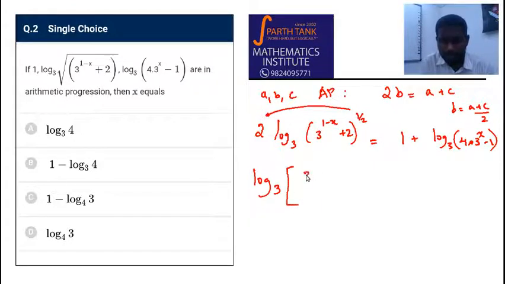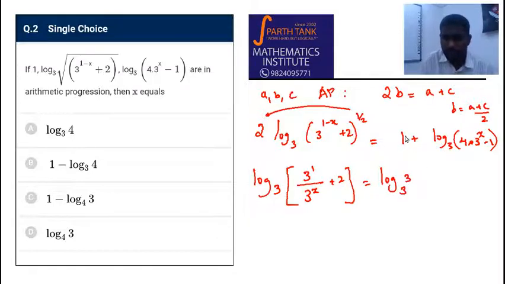Can I write this as 3 by 3 power x? Basically it is 3 power 1 by 3 power x. And here, in order to get that 3 somehow, I'm going to write this 1 as log base 3 of 3. And then here I have log of 4 times 3 power x minus 1.